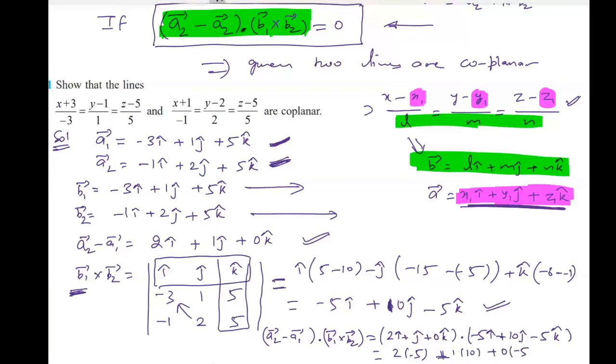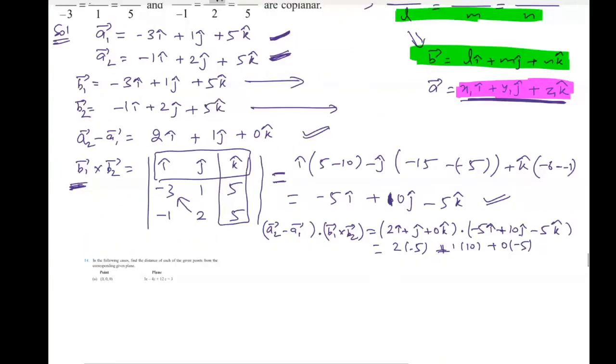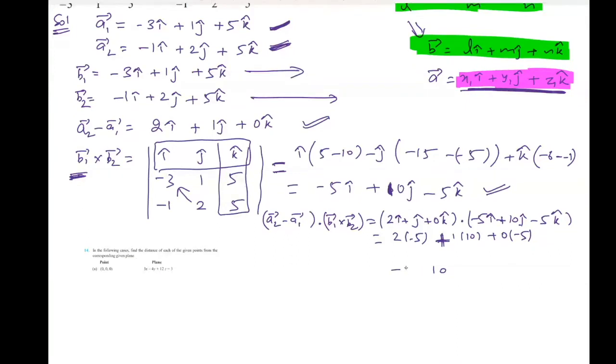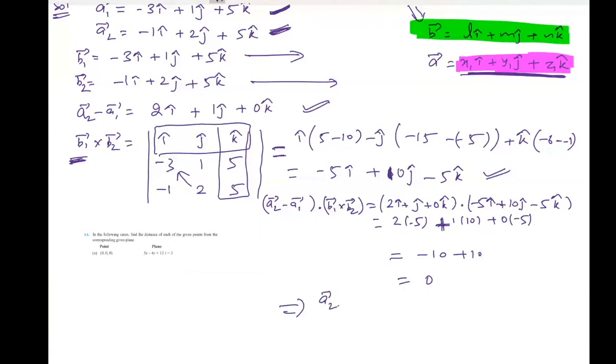You just simplify: minus 10 plus 10 will become 0. Since the condition is satisfied, that means A2 minus A1 dot B1 cross B2 is equal to 0. Hence the lines are coplanar. Okay, so this was the easy condition.